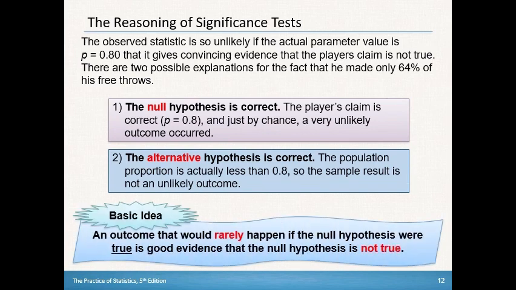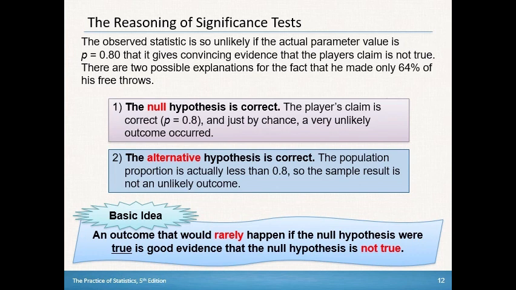All right. Now, the whole basic idea is that if an outcome would rarely happen based on the truth of the null hypothesis, so if it's very unlikely to get the result he got or one more extreme when the null hypothesis is true. So if the probability that he would get 64% free throws or worse when the true proportion is 80% is low, then this is good evidence that the null hypothesis is... oh, sorry, it's not true.